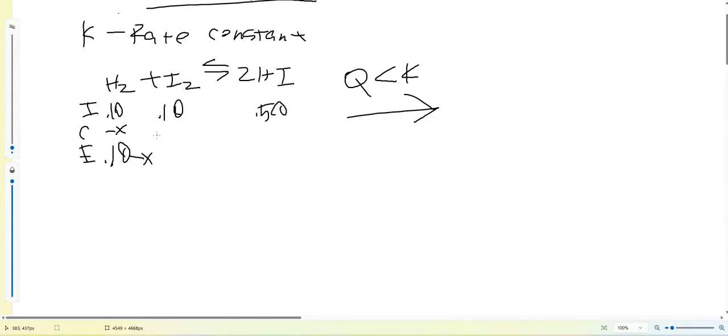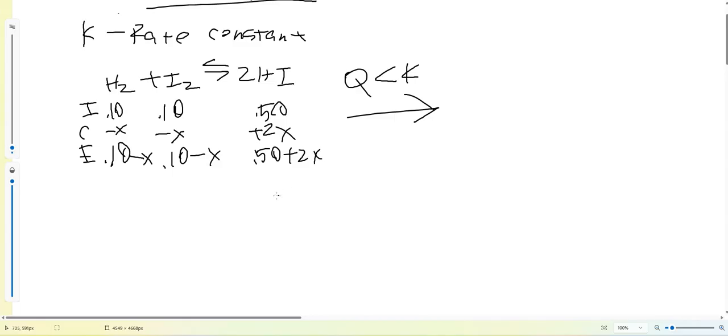The same thing will happen with I2. And 2HI, since it's increasing by a factor of 2, we can say that if both H2 and I2 decrease by x, then HI increases by 2x, which means that we now have 0.50 plus 2x.